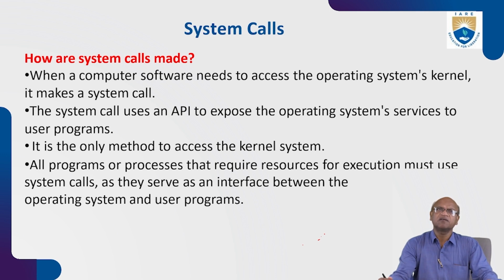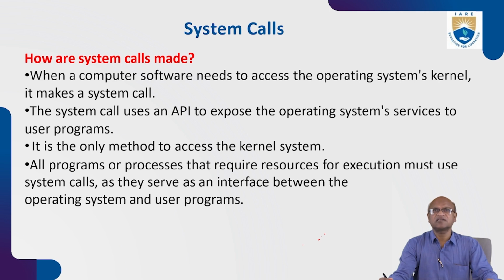Once you are saving or retrieving data from the hard disk, you simply cannot do it directly. The OS will get it done, and in turn the OS will invoke the system calls which are available in the kernel. It is the only method to access the kernel system.